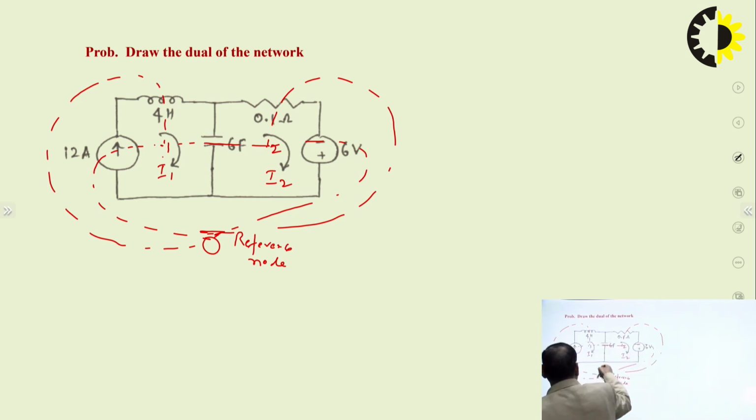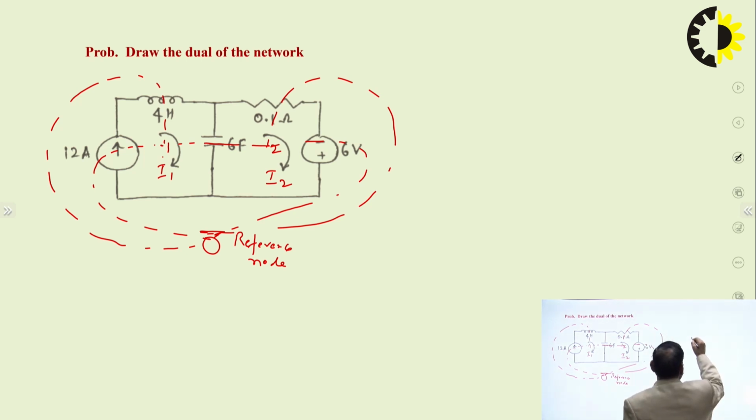From 1 to reference we have the 12 ampere current source, 1 to reference we have the 4 Henry inductor, then 2 to reference we have the 0.1 ohm, and from 2 to reference we have the 6 volt. Now look, this mesh current is supporting the direction of the current source. So first, let us just mark them: this is node 1, this is node 2, and this is the reference node.